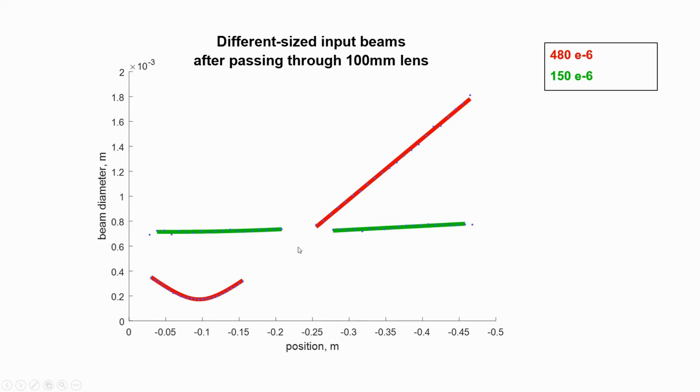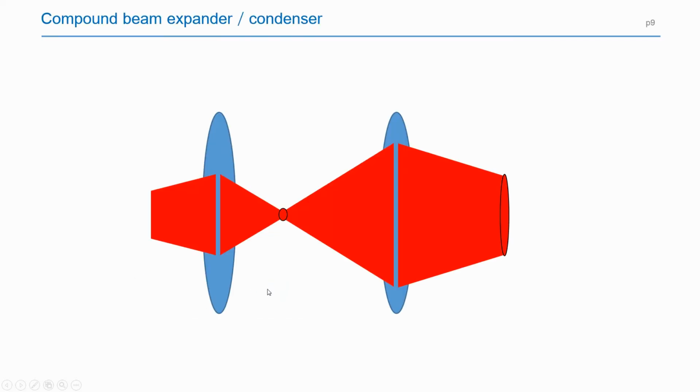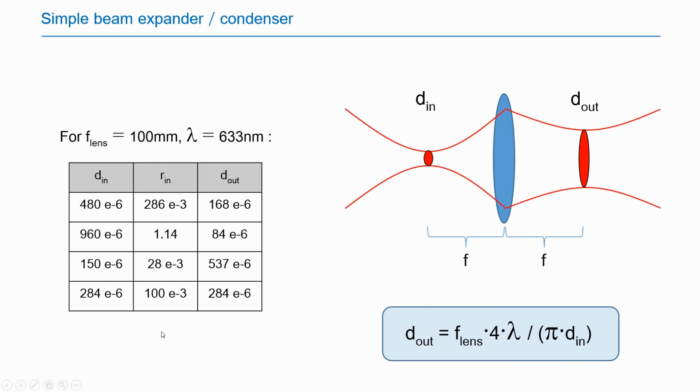And this red line is the output beam of the 500 micron or 480 micron beam, and its waist is a little bit larger than 150. So things aren't precisely matching theoretical values.